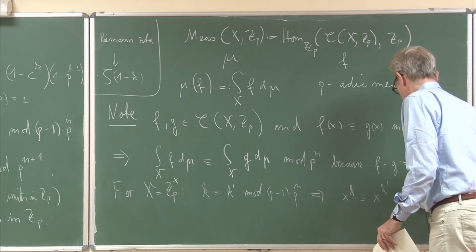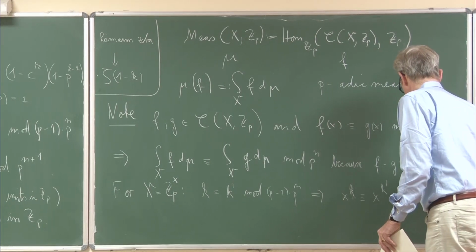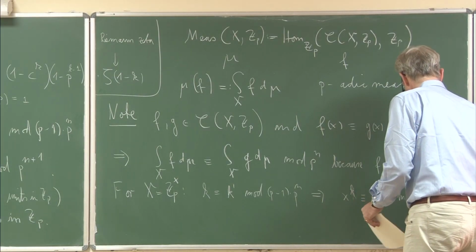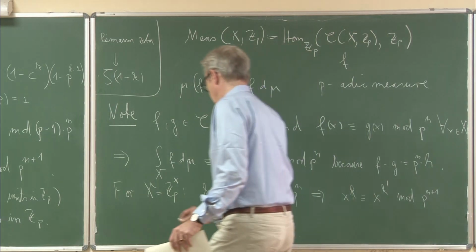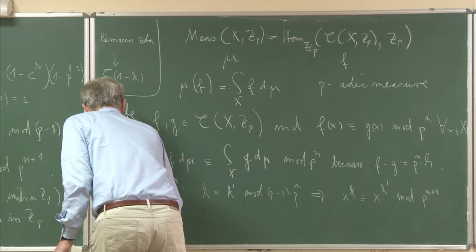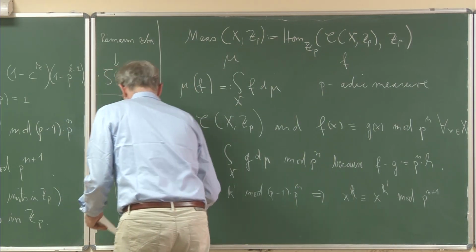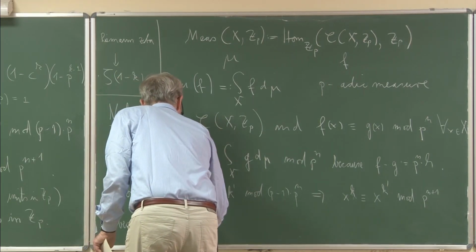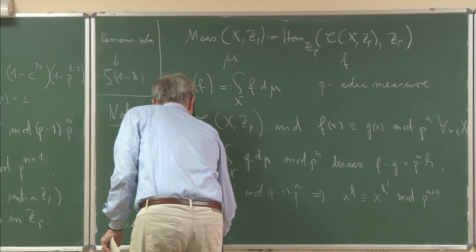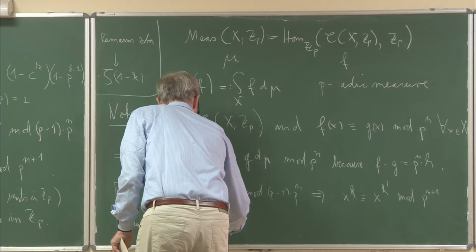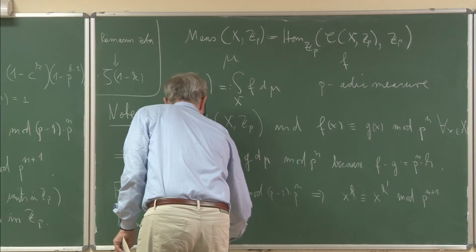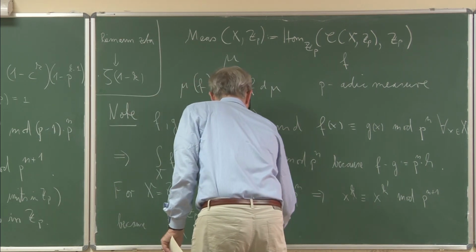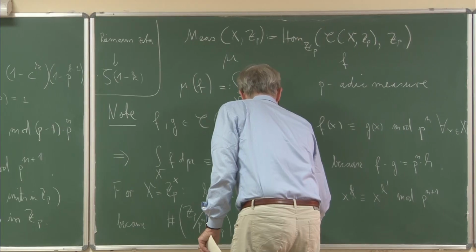mod p to the n plus 1, because of the torsion. So because the number of elements in (Zp mod p to the n plus 1 Zp) star is exactly (p minus 1) times p to the n.